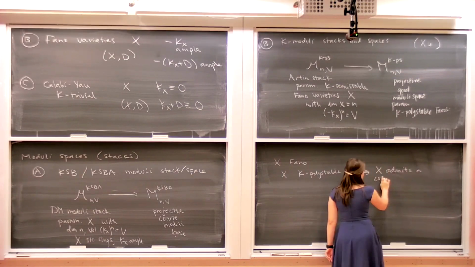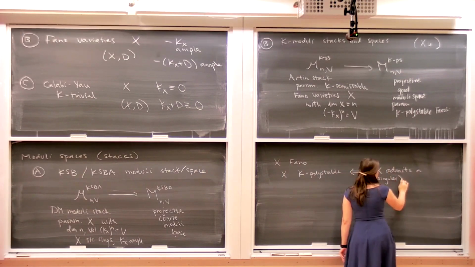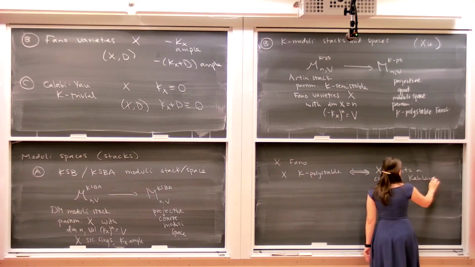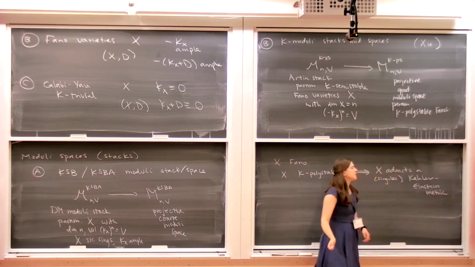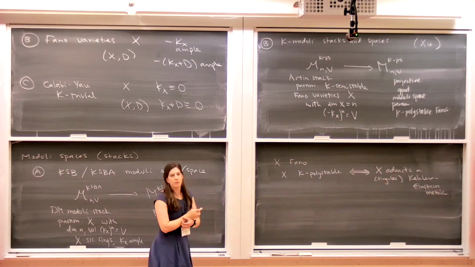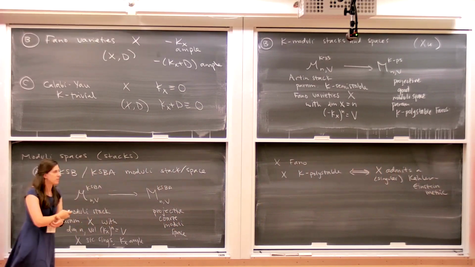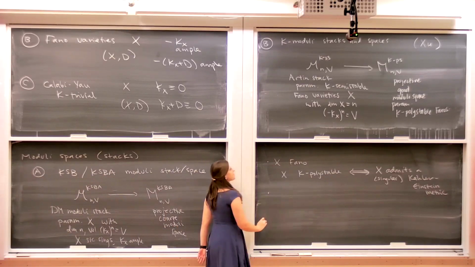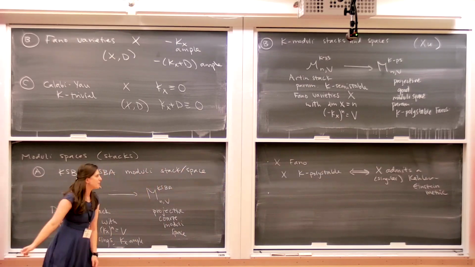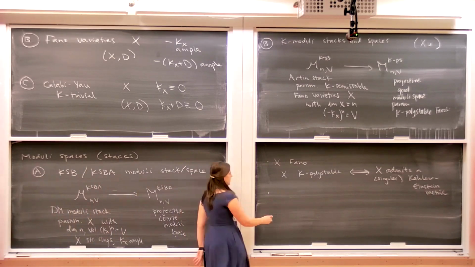Maybe X could be singular, so there's some notion of a singular Kähler-Einstein metric. But it's something that is non-trivial. Not every Fano variety admits one of these metrics. So it has several implications. And I, again, will do the thing that everyone in K-stability talks does: I won't define K-stability, but I will tell you some implications.